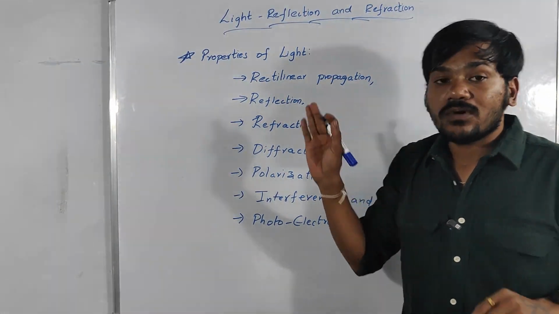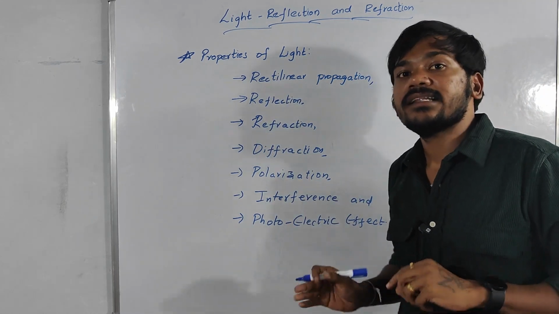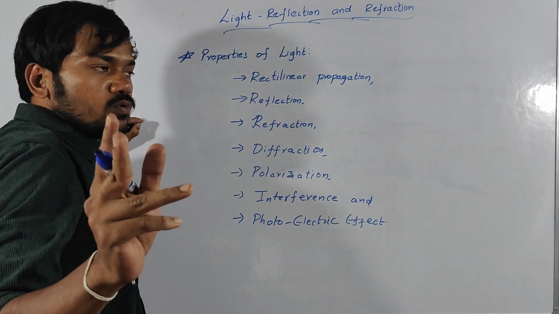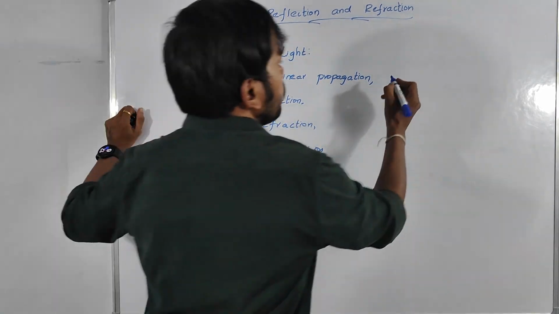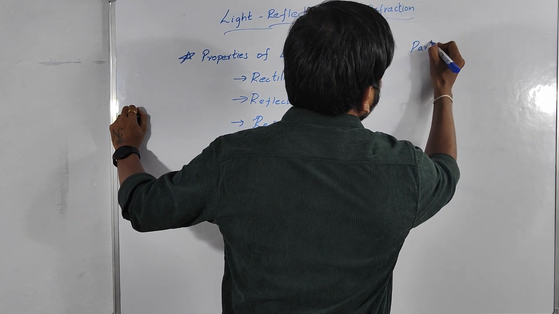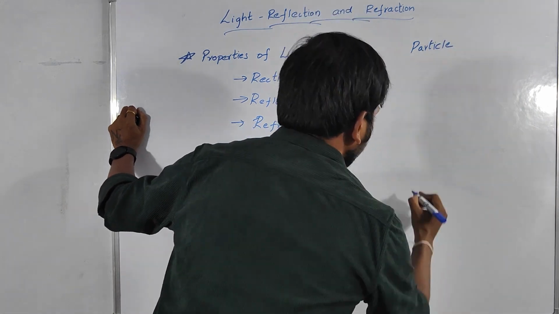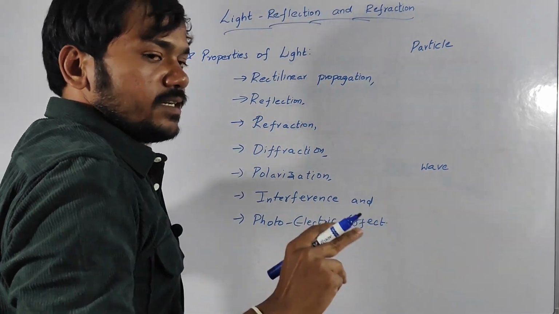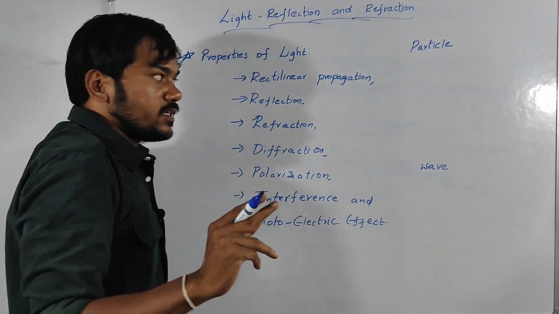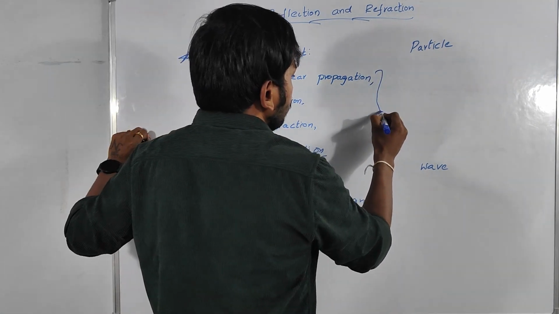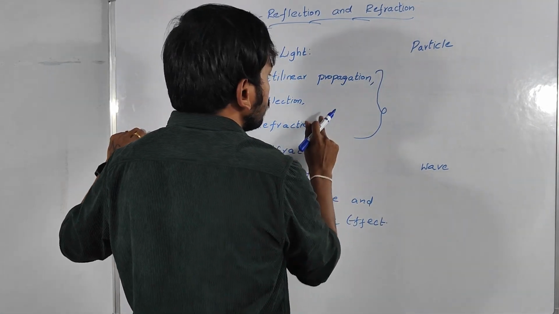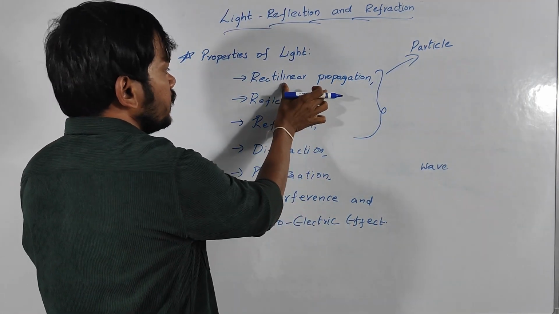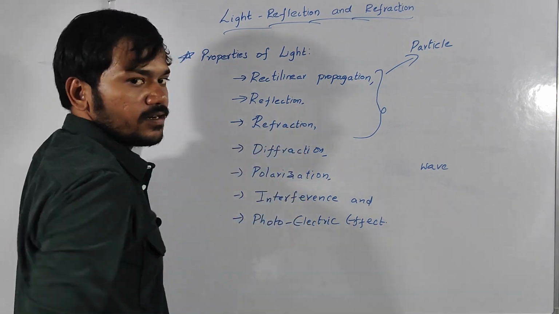Okay, and what is useful to study all these properties of light? The nature of the light. So depending on that, we have 2 natures: particle nature and wave nature. Whenever we study the particle nature of light, we study these 3 properties: rectilinear propagation, reflection and refraction.